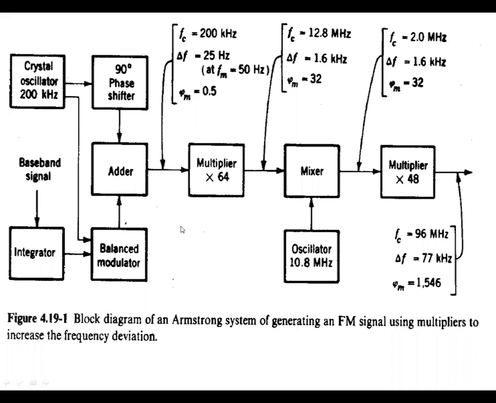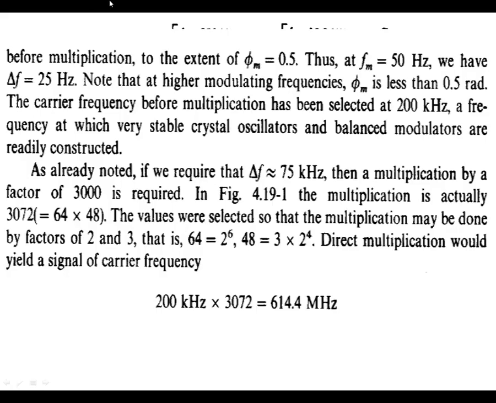So that is the concept here. Before multiplication, the phase deviation is limited to beta of 0.5, with fm equal to 50 Hz.